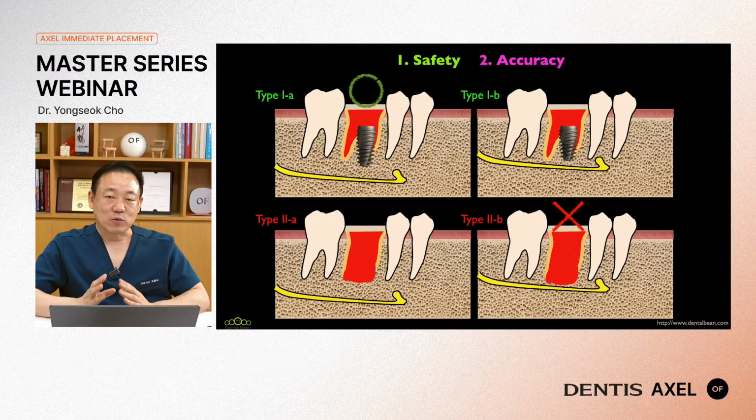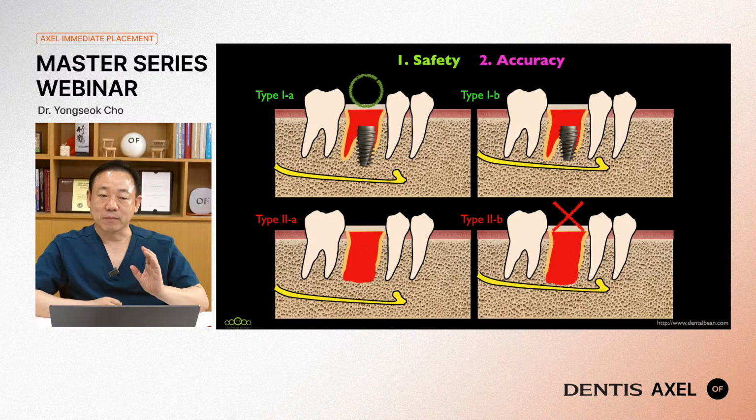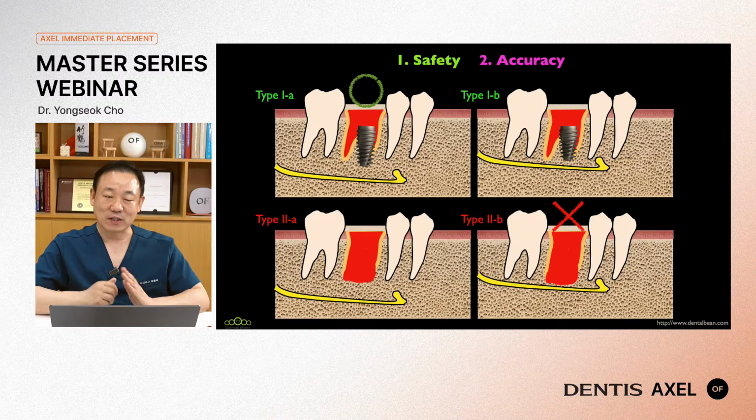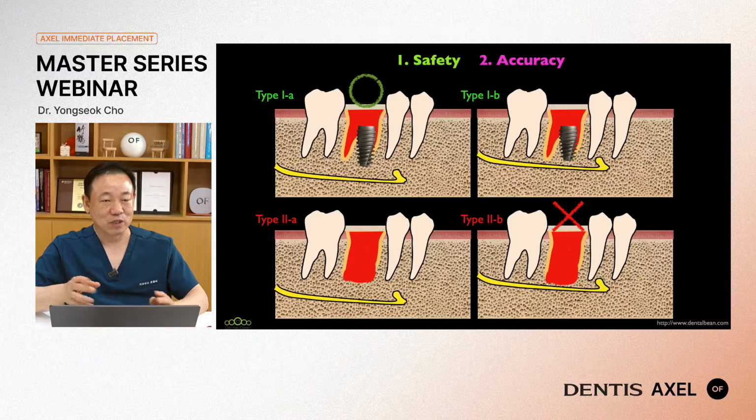Our point is that we must place the implant safely and accurately. Type 1B is not completely safe, and sometimes we make accidental problems such as nerve damage. So it is not a good indication. We must be very careful.